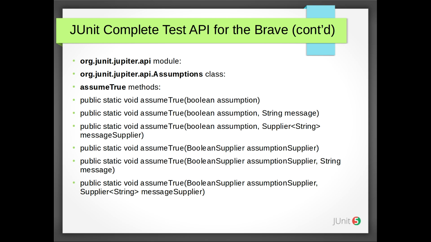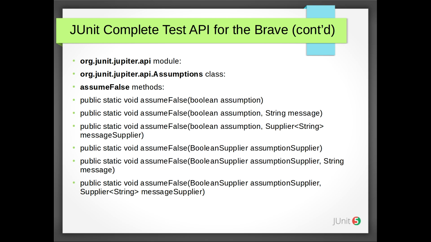Let's go on to the assumptions class. The first method and its overloads is assume true. And let's take 30 seconds for this method and for its overloads. Next is the complement of assume true, it's assume false, and the overloads for the assumptions class.